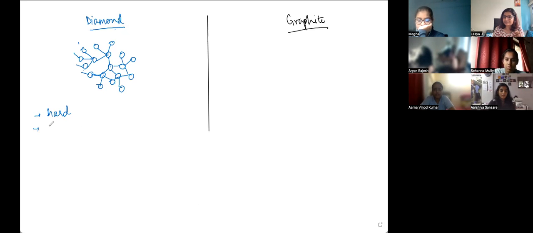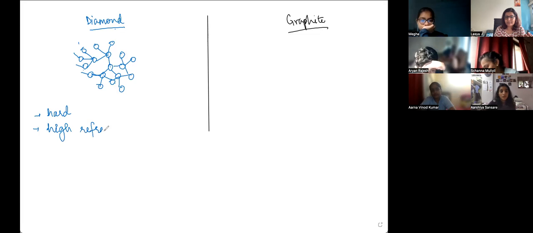Reflective or transparent. It's not like a glass cube, it's not completely transparent either. It has a high refractive index. Refractive index, correct. High refractive index, that's the optical property.